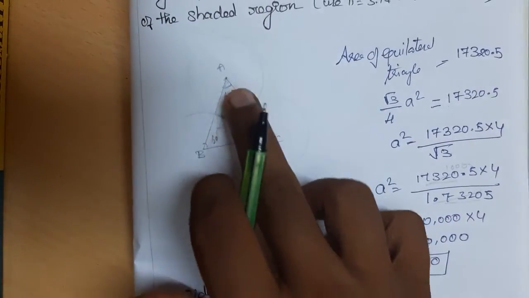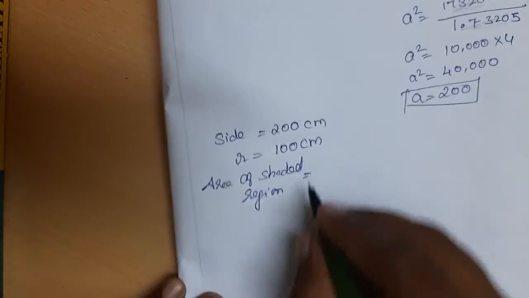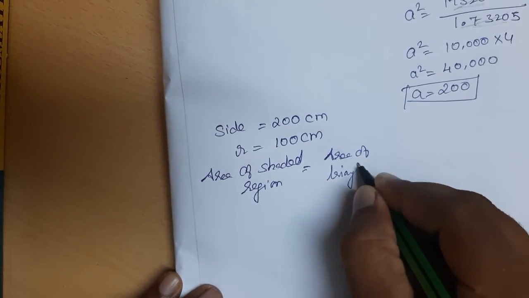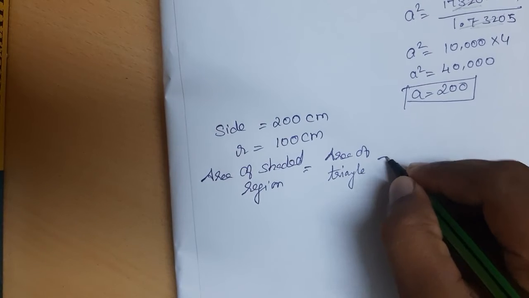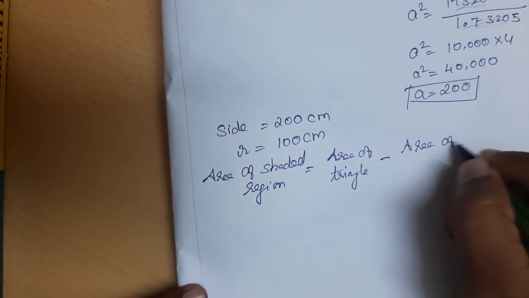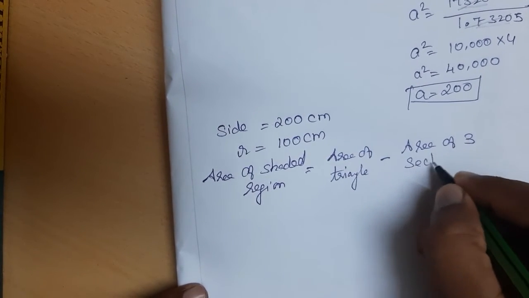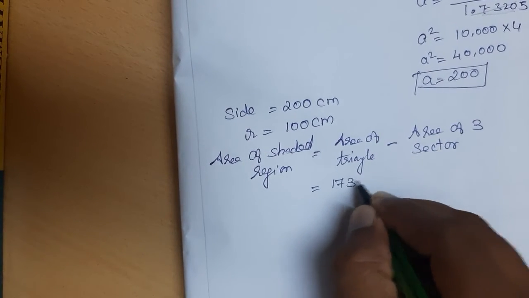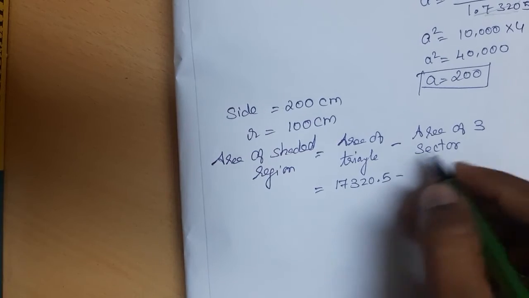Area of shaded region is equal to, from the area of this triangle we are subtracting the 3 sectors. Area of triangle directly given minus area of 3 sectors. So area of the triangle is given as 17,320.5 minus 3 sectors, right?